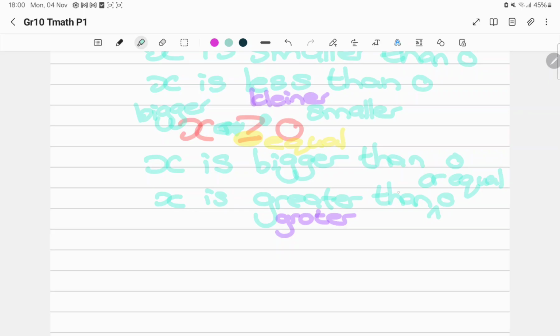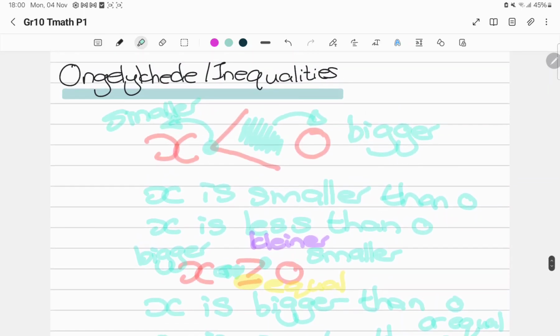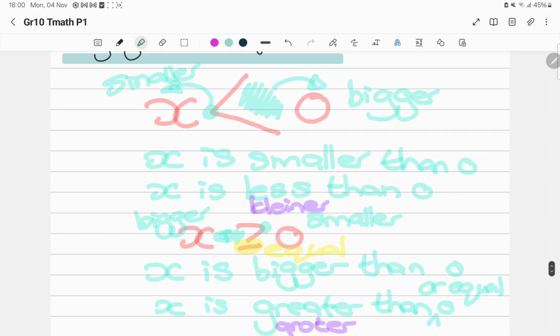X is groter as of gelijk aan 0. That's the only thing that makes this an inequality. I'm not telling you this is 0. I'm telling you the numbers can be anything less than 0, meaning -1, -2, -3, -4. Or if I tell you x is greater than 0, it can be any number bigger than 0, so 1, 2, 3, 4, etc.